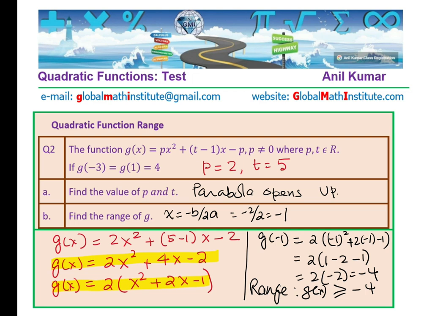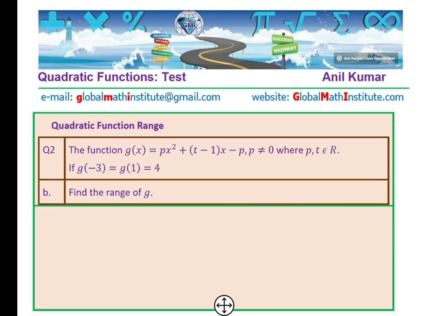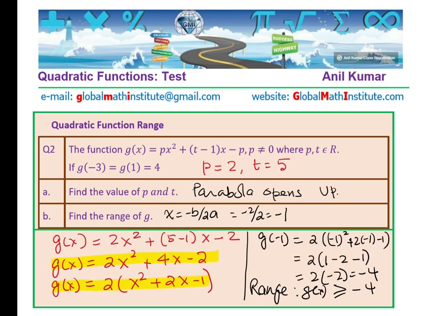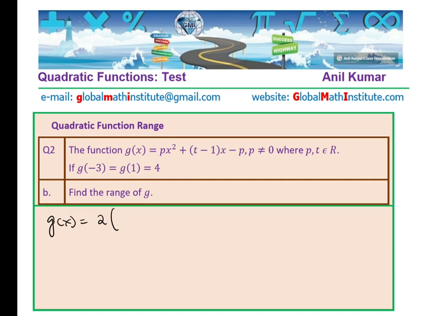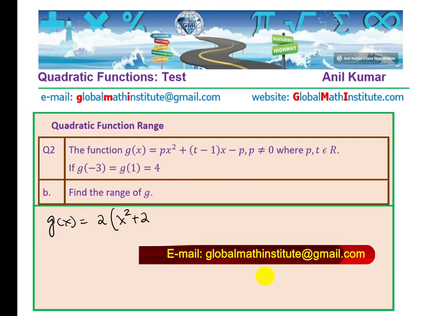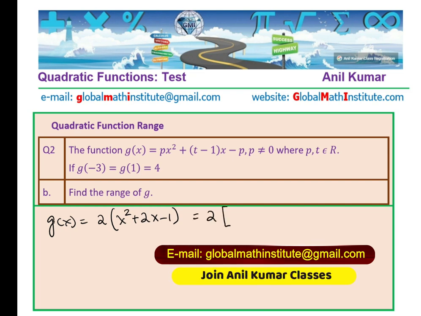So let's take up the question once again on a new page. We have g of x equal to 2 times, so the equation was x squared plus 2x minus 1. So 2 times, let me put square brackets here, x squared plus 2x.